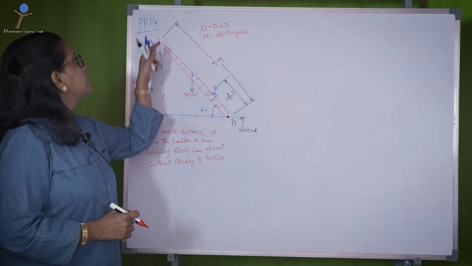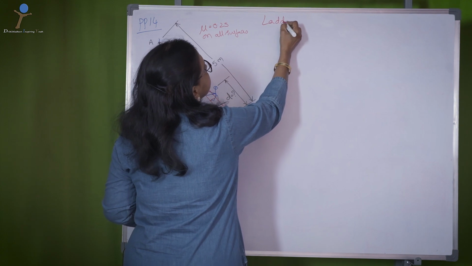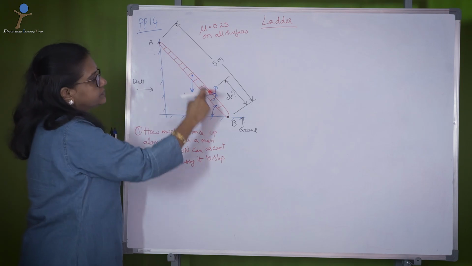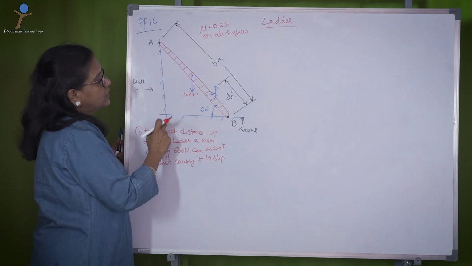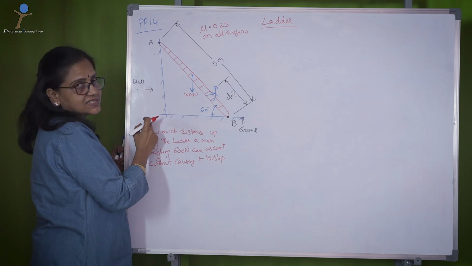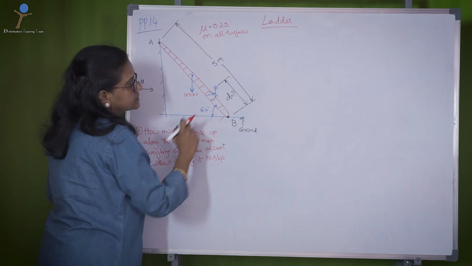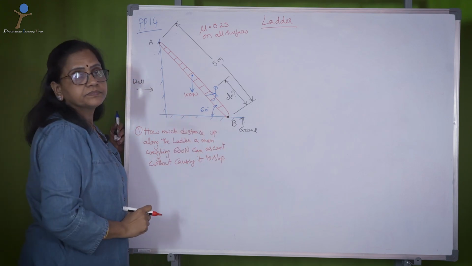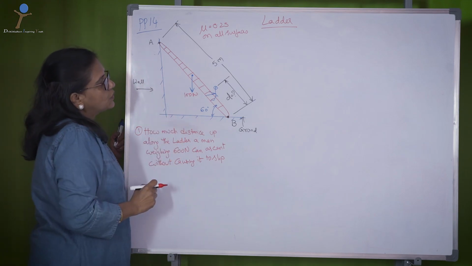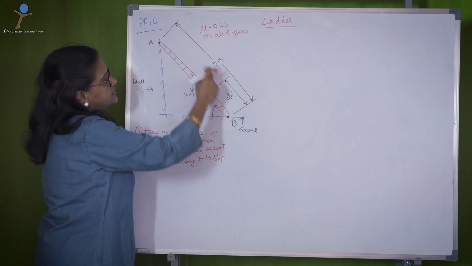Okay, now let's solve problem number 14, a ladder problem. Now imagine a ladder resting on two surfaces. One is the wall, a vertical surface at point A, and the ground surface at point B. Now this ladder has a weight of 100 newtons and a length of 5 meters.